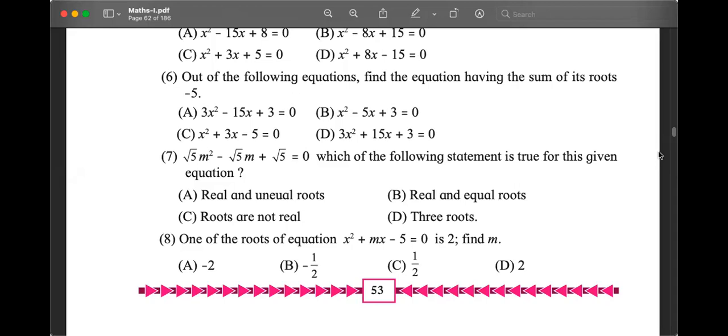But right now, we have 4 equations and we have to find the one which has sum of its roots as -5. So what we just used, x square minus of alpha plus beta into x plus alpha into beta equals to 0. That is the logic we have to use, but we have to be extra careful while we are using the logic. You try on your own and then I'll tell you what care we have to take.